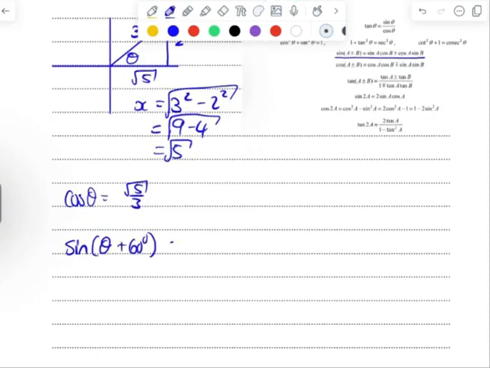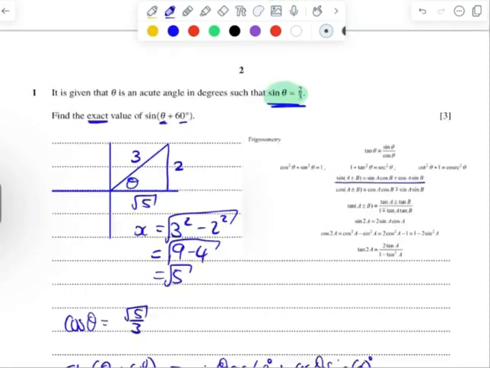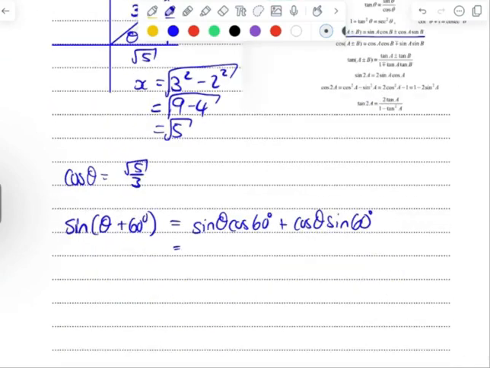So go and make sure you've printed out an MF19 and you've got that handy with you. Okay, so if we expand this, we have sine theta cos 60 plus cos theta sine 60. And I hope you can see now where my sine theta and my cos theta are going to be coming in. So sine theta is 2/3. And then cos 60, so this is your special triangles, but you can just work this out on your calculator as well.